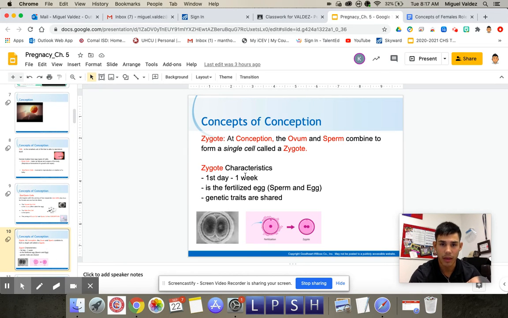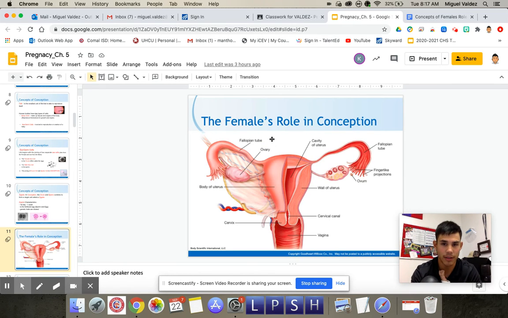Then there's the zygote. At fertilization, they fuse and share genetics, and now you have a zygote. The zygote starts to multiply until you get a baby. Look at that facial expression. Okay, going on to the next one.